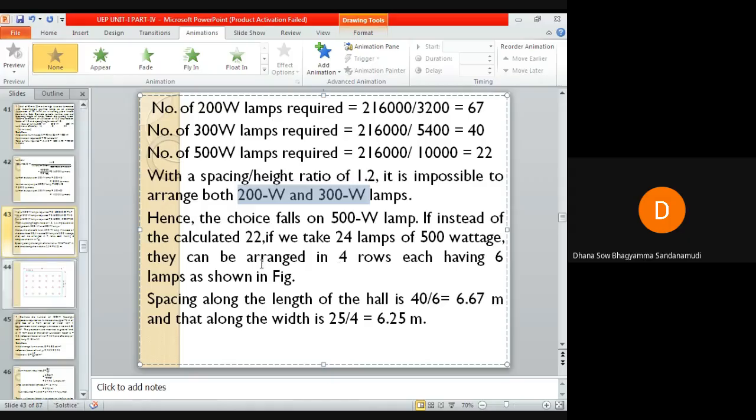Whenever problems are given, you first start with higher wattage lamps. If the higher wattage lamps are not satisfactory, then you go for lower wattage. In both problems, I considered the higher wattage lamp first, and it satisfied the space height ratio of 1.2.